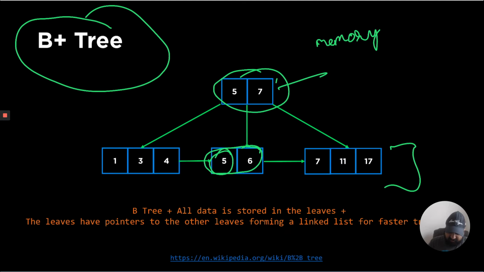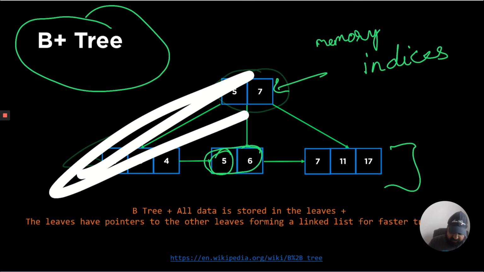The top level nodes, which are all the internal nodes, are just used as indices for movement or search, to move left or right. But if you want to traverse all the data in the tree, you can still do that through the last level, just by traversing the leaves.